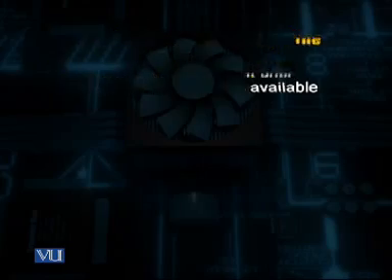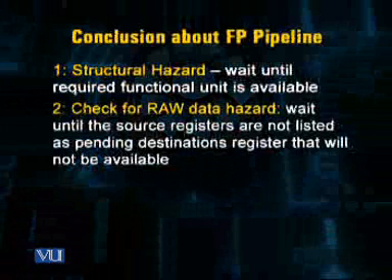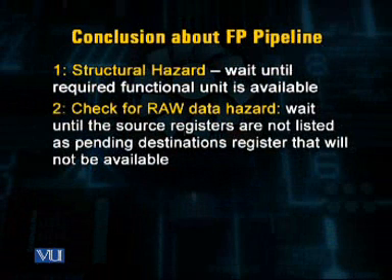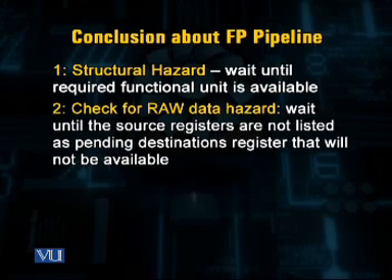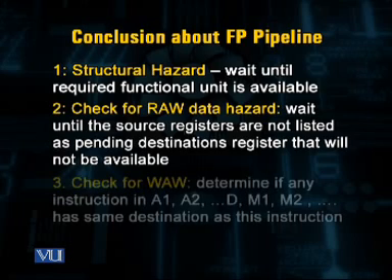Once we know that the functional unit is available, then the instruction is issued for execution purposes. Similarly, the second check is for the read after write type data hazard. Here, we wait until the source registers are not listed as pending destination registers that will not be available. And after making this check, the instruction is issued.